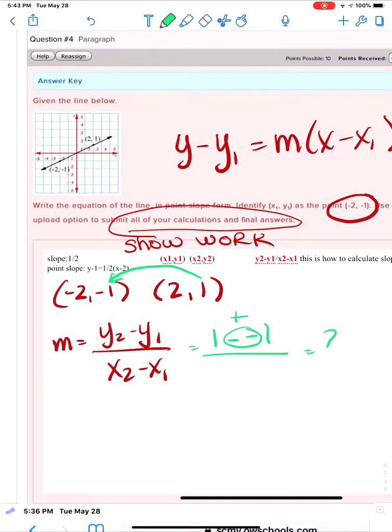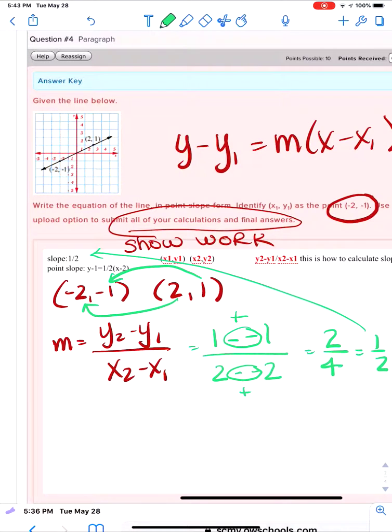So 1 plus 1 is 2 on the top. On the bottom, 2 minus a negative 2. 2 negatives make a positive. So 2 plus 2 is 4 and reduces down to 1/2. Now again, I'm not disputing that's what you have up here, but you don't have any work to back that up. Okay, so here is my slope.